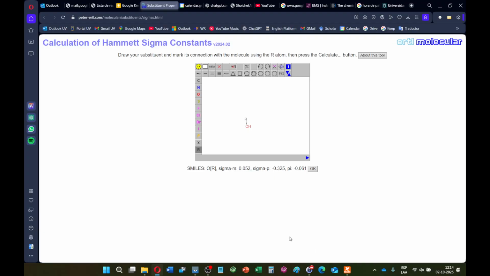That is, its contribution is not very significant, but in para it is negative, because in para it manages to make resonance with the carboxylate, increasing its electronic density. In meta there is practically no electronic contribution because the resonance is not conjugated with the carboxyl in position meta. That is the explanation of why they have different values in meta and in para.